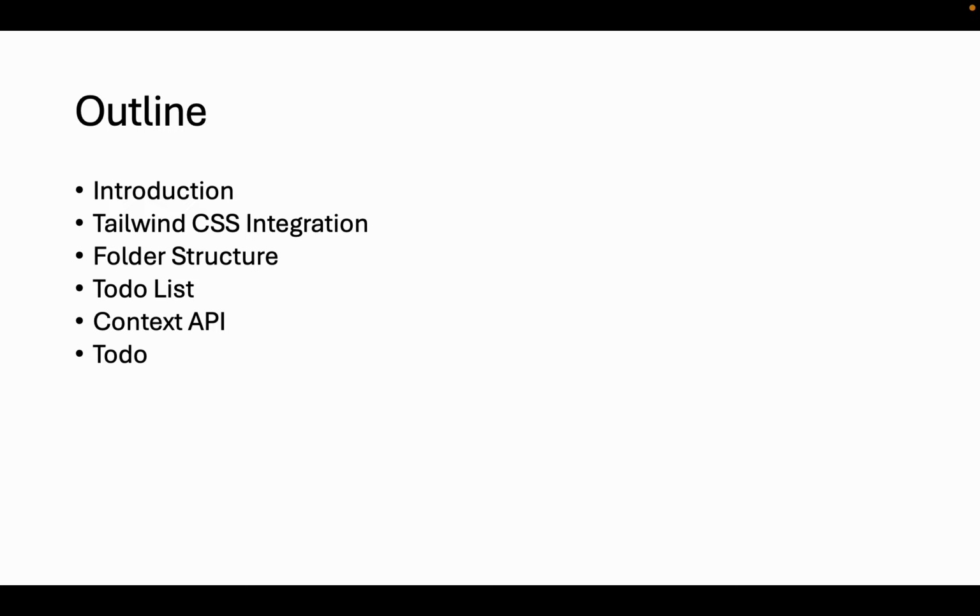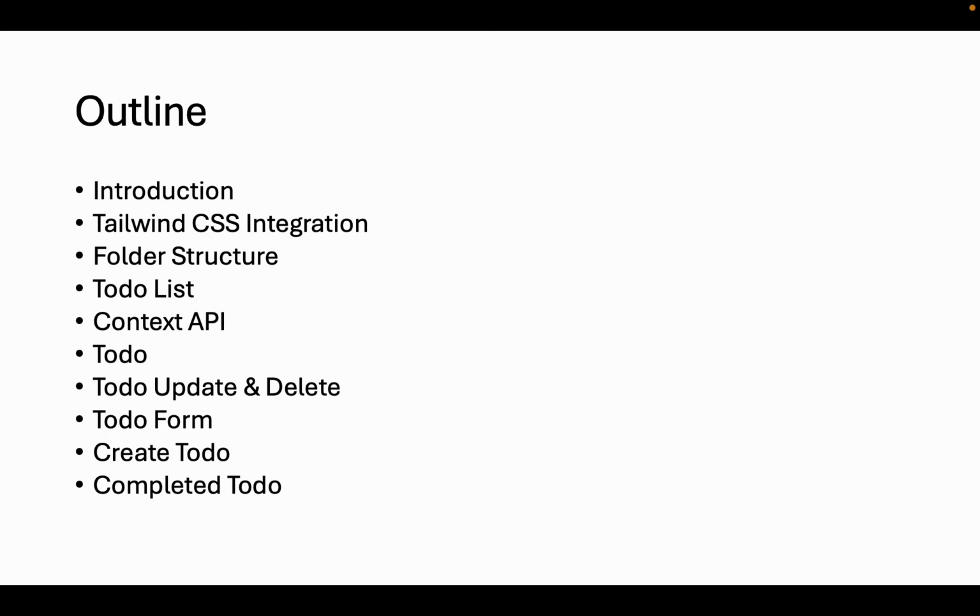Then I will show those to-dos in our web browser, and later give the functionality for to-do update and delete. Update will mark that to-do as completed, or you can delete that to-do. Then I will create a to-do form that allows you to create new to-dos. And lastly, we will show the completed to-do count in our web browser.